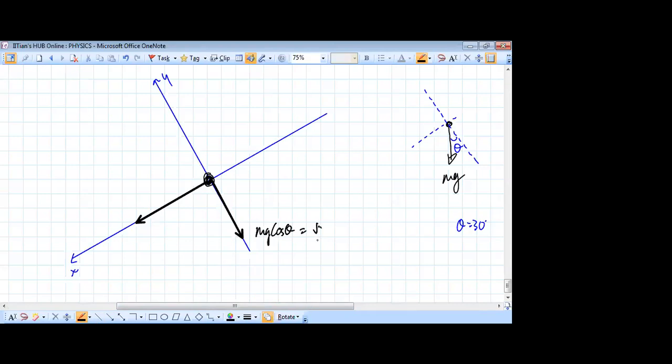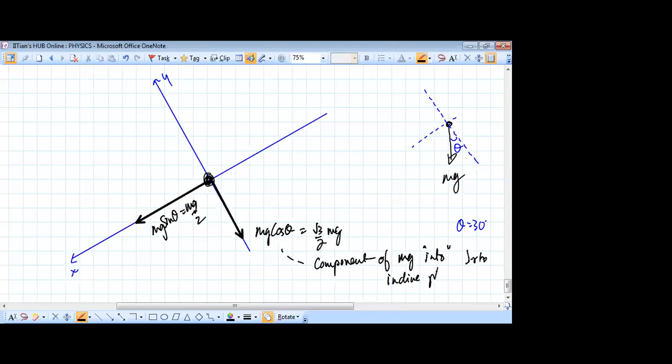So that is mg cos 30, root 3 by 2. And how much will this component be? It will be mg sin theta. So that is going to be mg by 2. This is the component of mg perpendicular to the inclined plane. That is the negative y-axis.